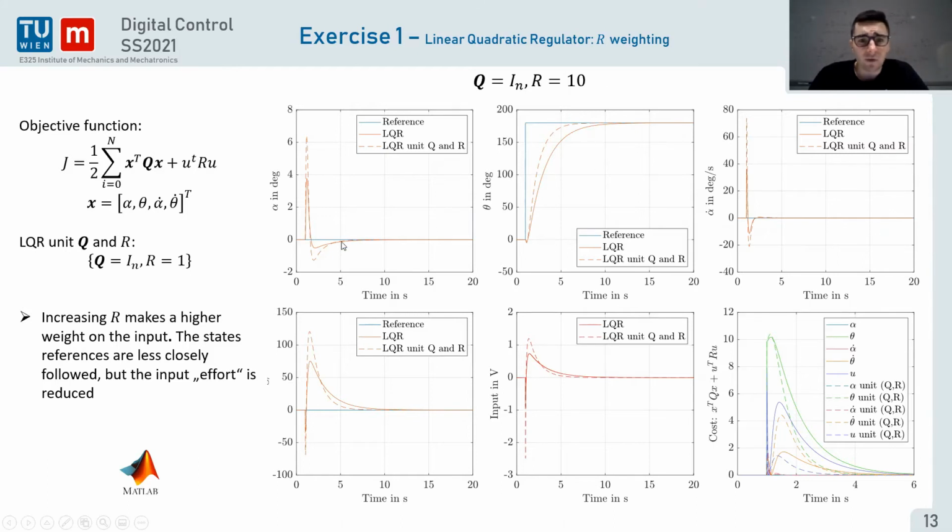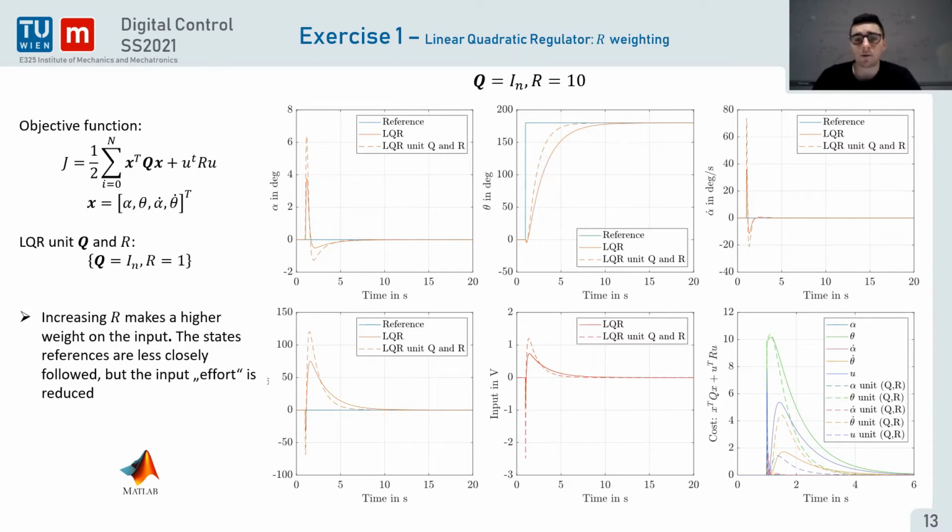So the solid line is 10, and the dashed line is 1. And as you can see, if you're using R equals 10, so if you're increasing R, then you can see here in the second graph that the output is now slower. So we want to reach 180 degrees starting from 0, and it takes more time to reach this value.